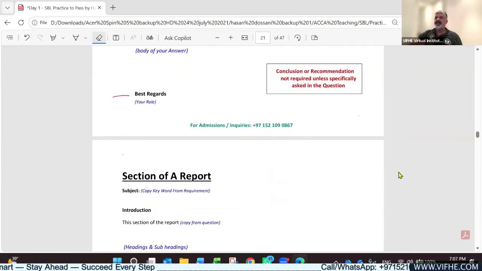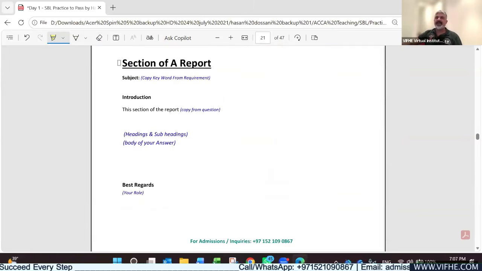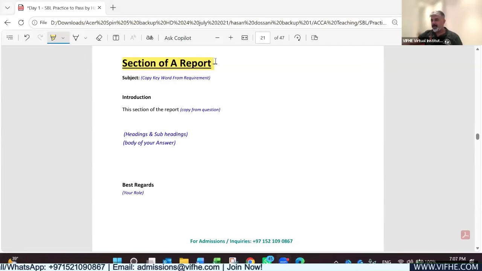What's the next format? Sometimes the examiner says prepare a section of a report. So the examiner doesn't want a full report, he just wants a certain section or part of a report.